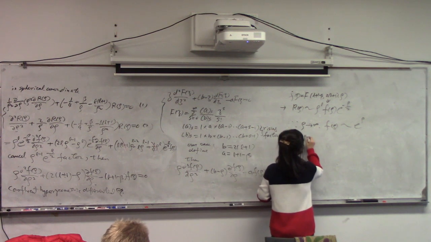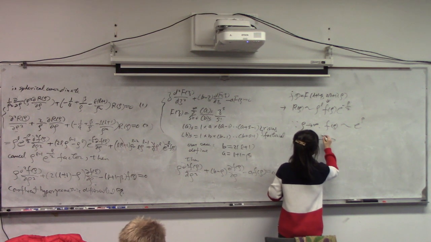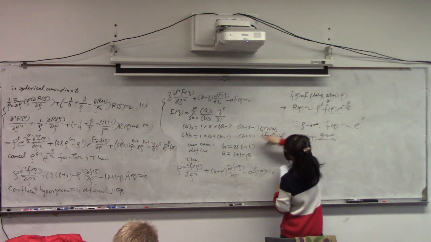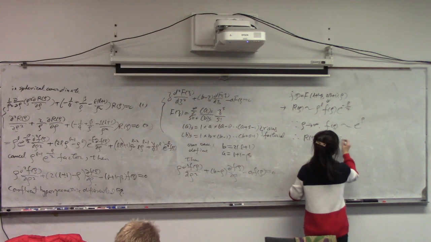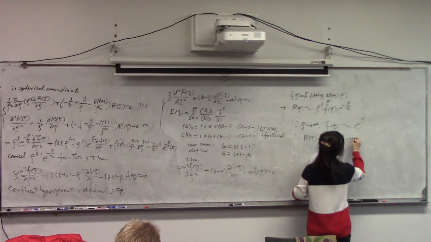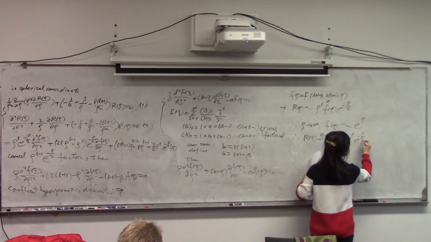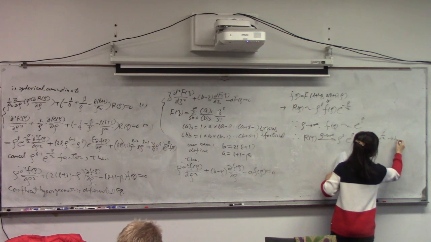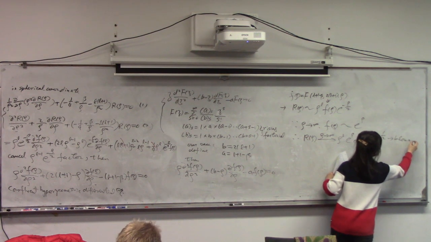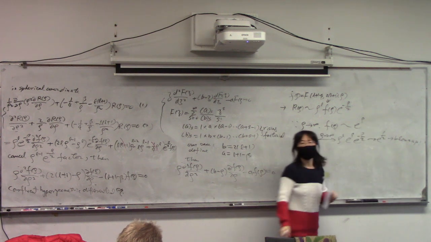So R of rho, if we use this infinite summation going to infinity, then we will have e to the rho minus half rho going to plus, that's plus infinity. So this cannot be accepted.